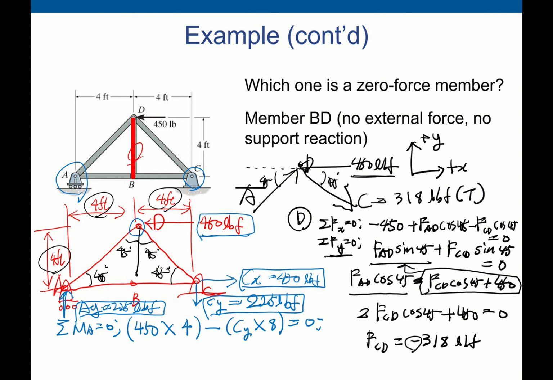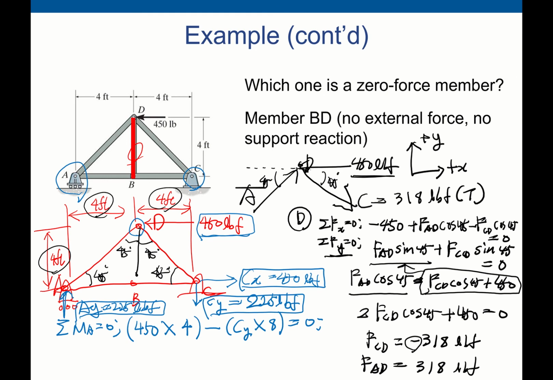Okay, so we got a negative sign here. FAD, we can find that FAD is a positive value, 318 pound force, and this one should be in compression.